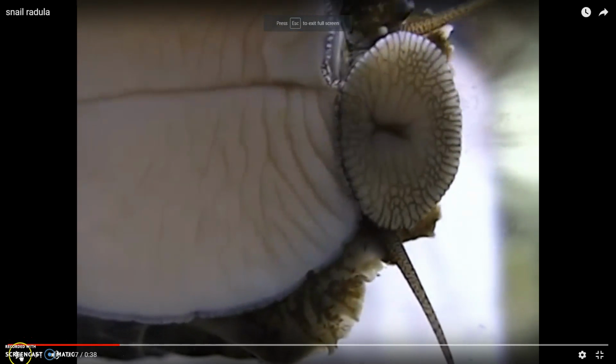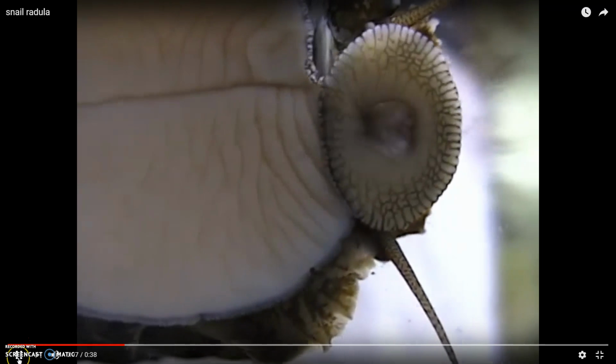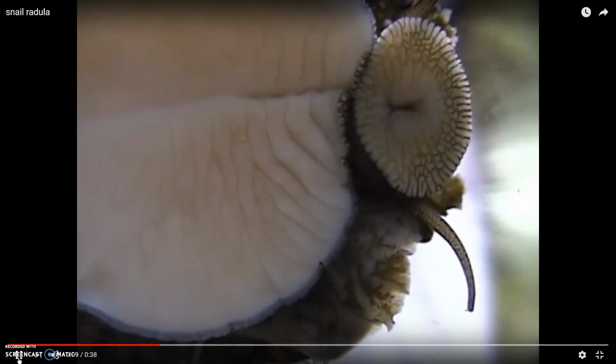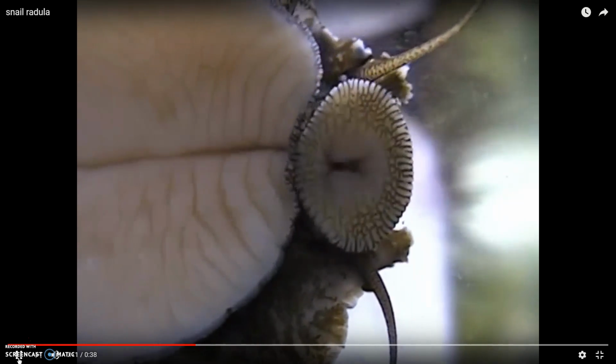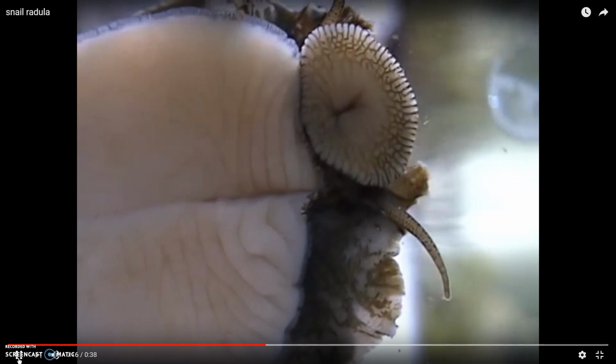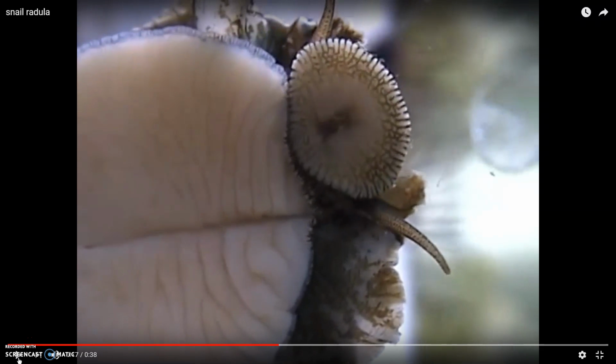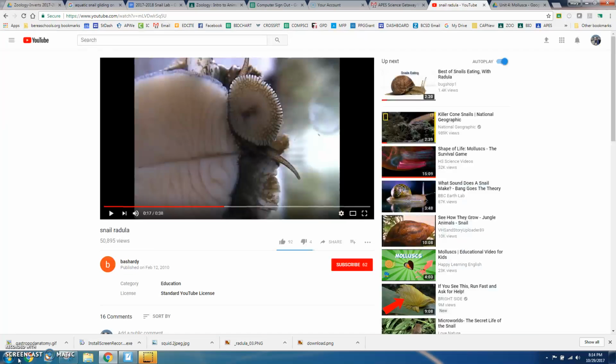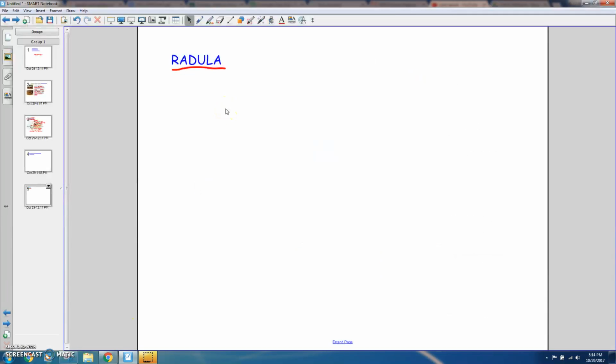I'm just going to pause it, and this here is the muscular foot, and then this round part with this hole in the middle is the mouth. You can see it come out and go in, come out and go in. That radula is a fairly long strand of teeth, all lined up on a structure called the odontophore, and they just rotate that as they feed.